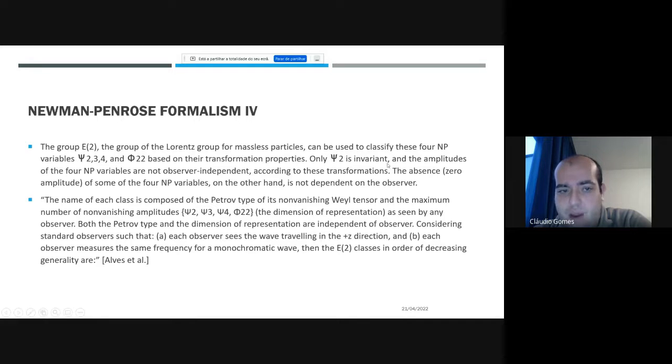Only psi2 is invariant, and the amplitudes of the 4 NP variables are not observer independent according to these transformations. You see, only psi2 is invariant, but the other ones can be measured differently by different observers. However, if one of them is 0, it is 0 for every observer.